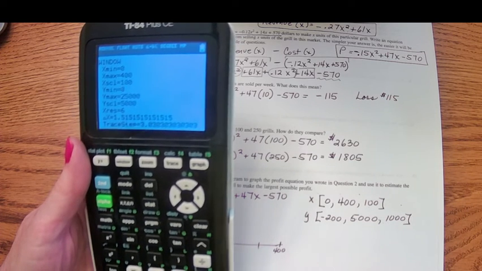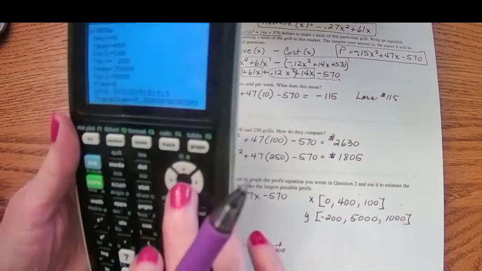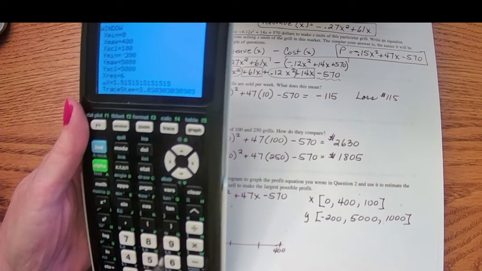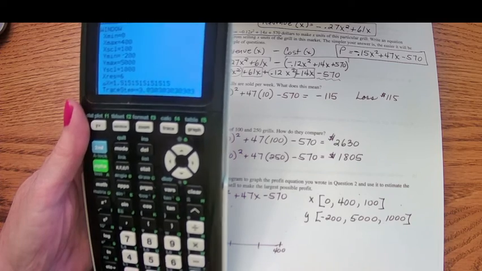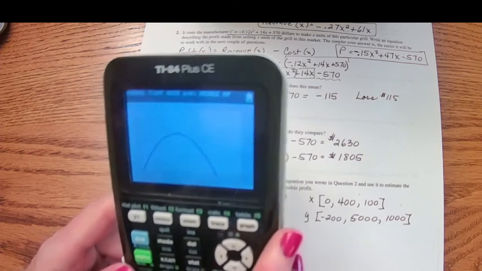My Y min is negative 200. My Y max is 5,000. And my Y scale is 1,000. So now when I graph my function, this is what I get.